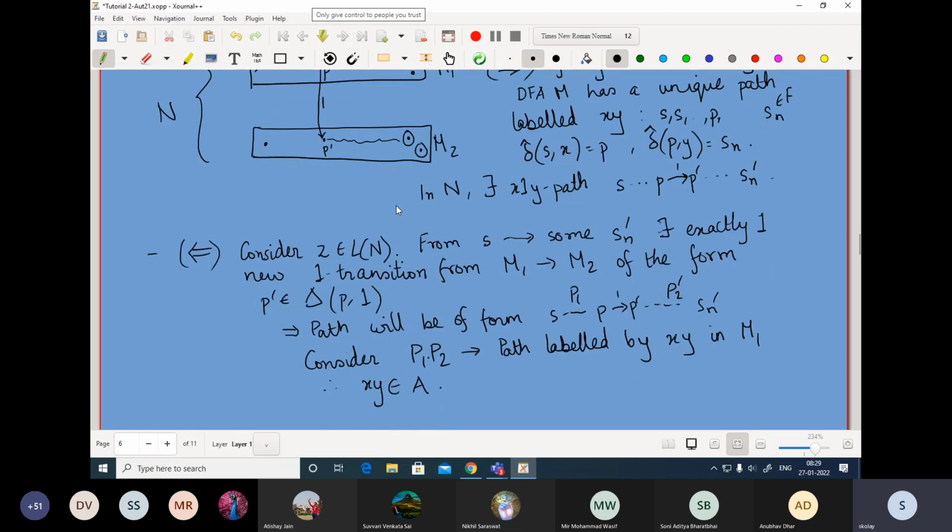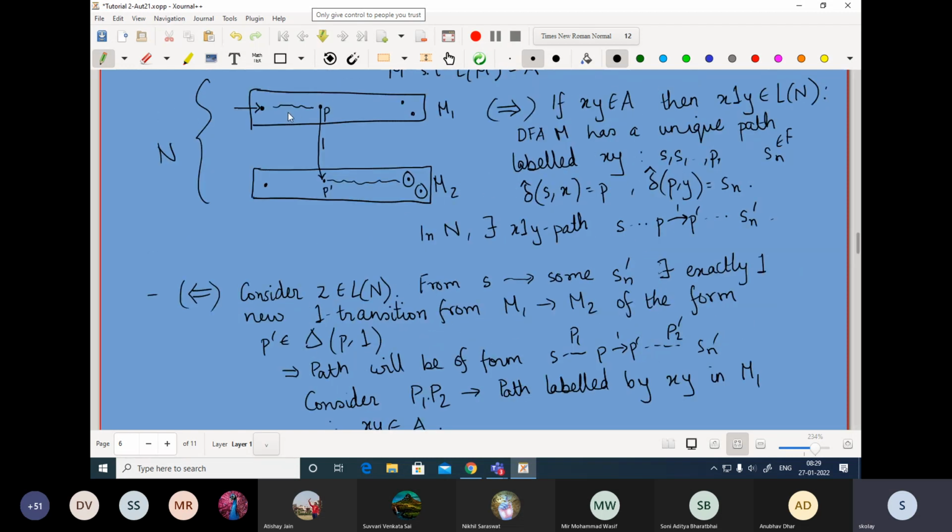Now let's call the path from S to P to be P1, and from P dash to the final state to be P2 dash. Consider the corresponding path P2. Since there's a path from P dash to Sn dash, there will be a path from P to Sn because these are just copies.